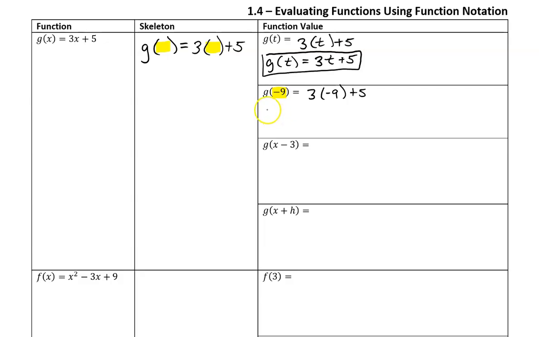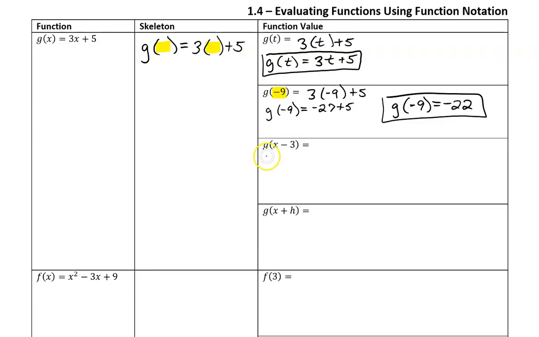And then here I can do a little more work because I do have a value. 3 times negative 9 is negative 27 plus the 5. We're going to have g of negative 9 is equal to negative 22. So we do have a y value, an actual number. We can look at and maybe graph if we needed to, or whatever the problem calls for.